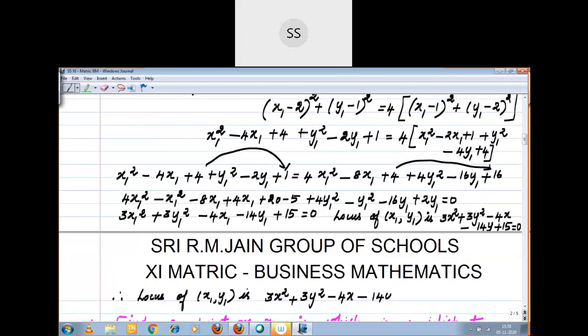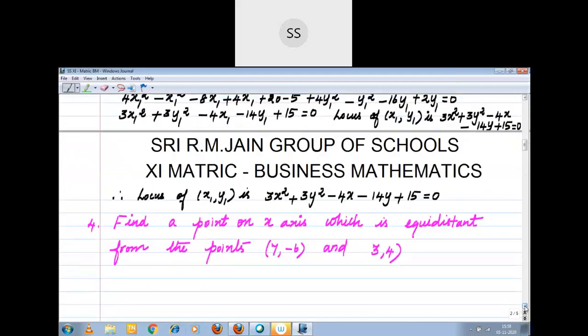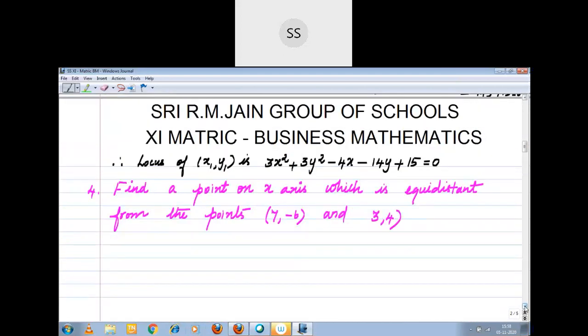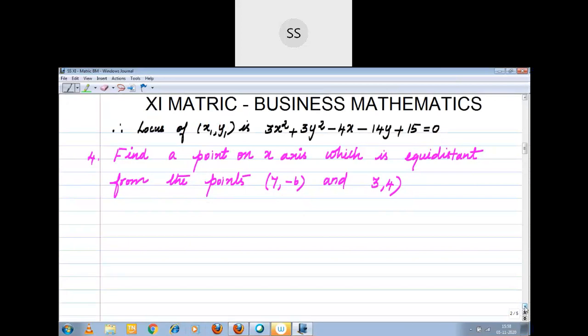Finally, you write: therefore, the locus of (x1, y1) is 3x square plus 3y square minus 4x minus 14y plus 15 equals 0. Here I am writing clearly.